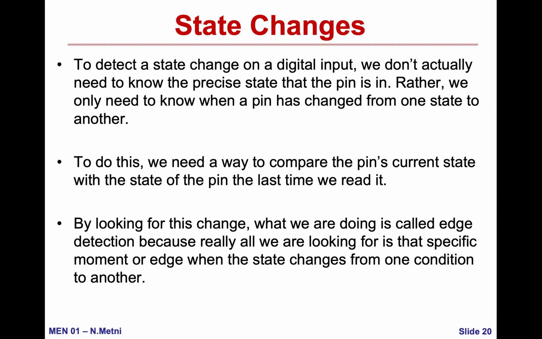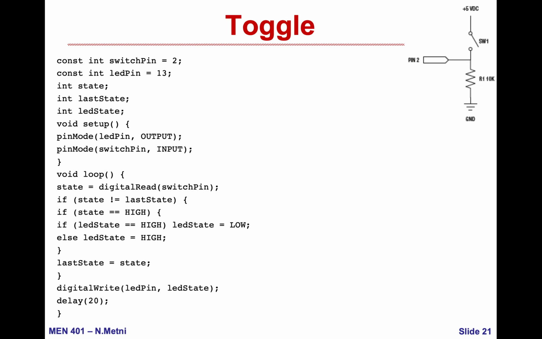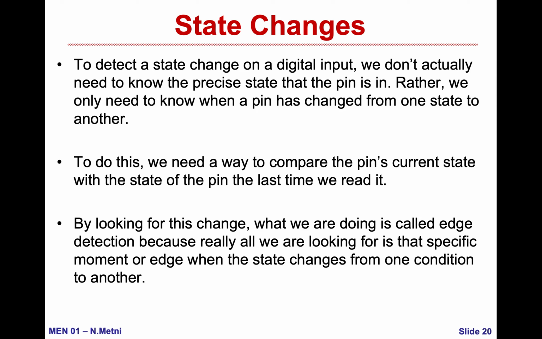Okay, so what I have is state change now. Here I want to give you an example that will be used many times, because maybe what is important for me is not only the state of the pin.